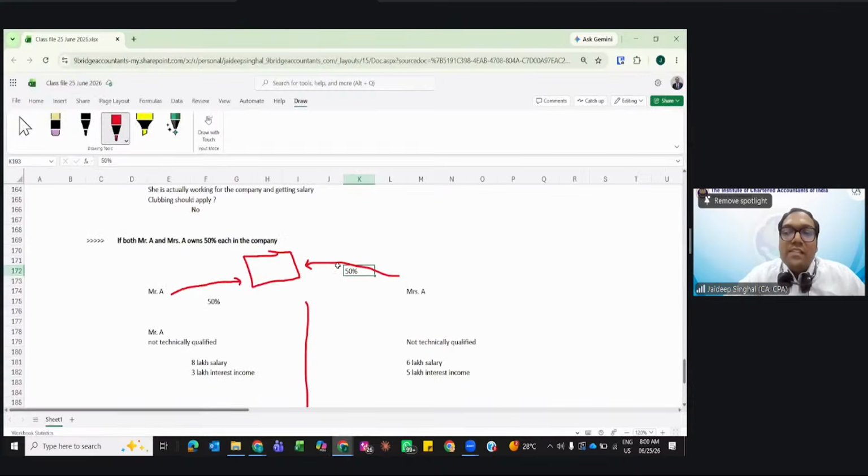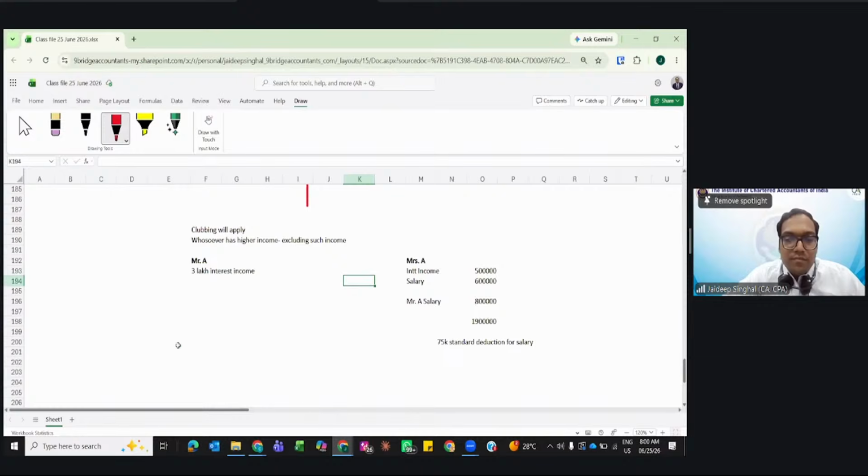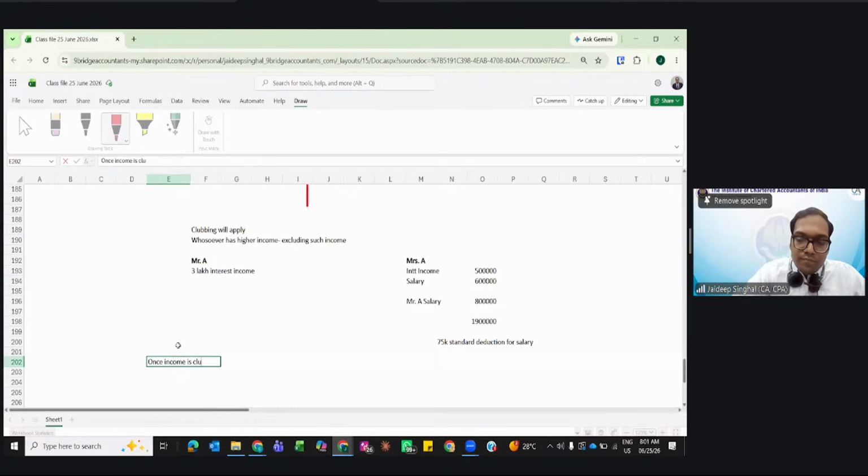See, let's suppose next year, once income is clubbed in the hands of Mrs. A, next year as well income will be clubbed in Mrs. A's hands only. Every year you do not change.